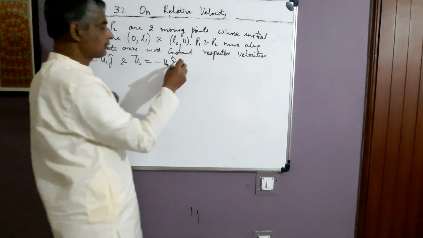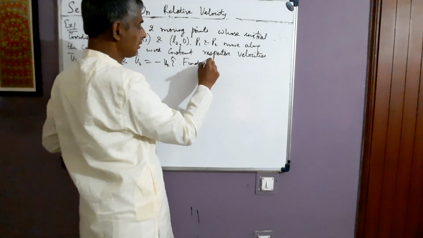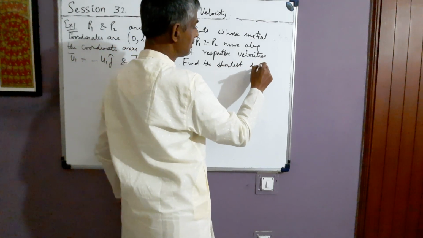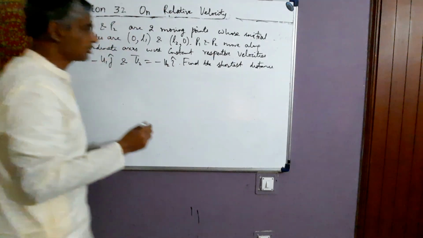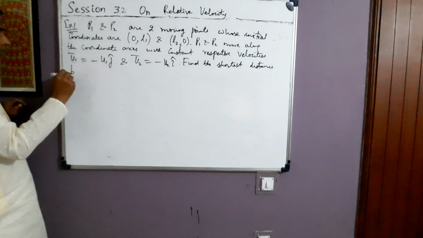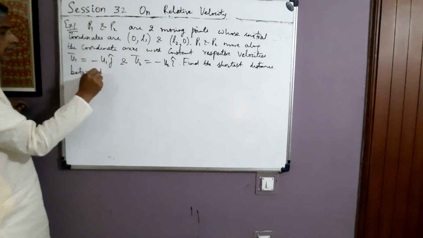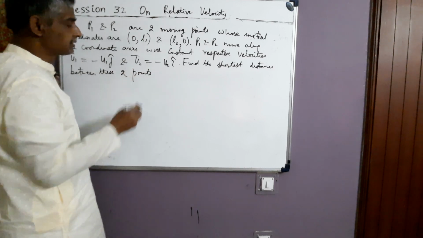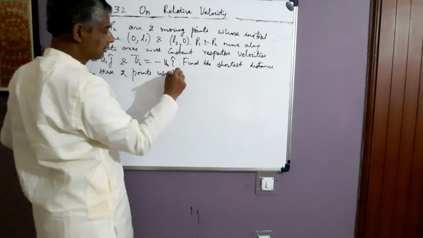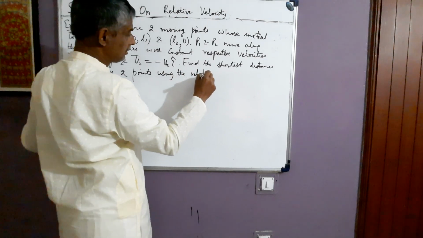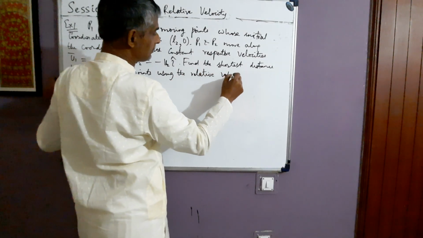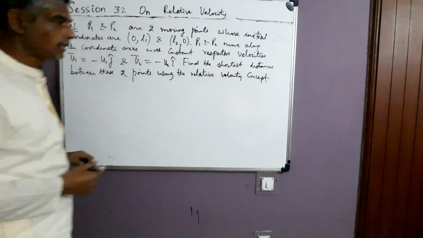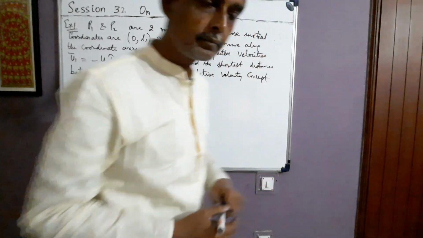Now find the shortest distance between these 2 points using the relative velocity concept.